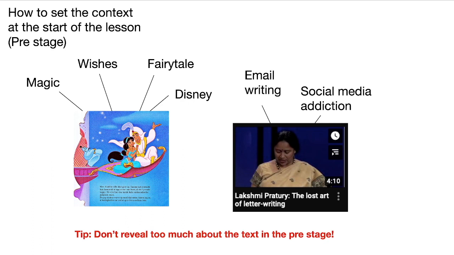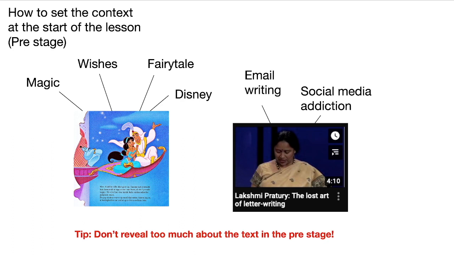The next one here is about the lost art of letter writing. This is actually a short TED Talk. And for this one, some contexts I chose are email writing. Okay, so writing emails, you could have discussion questions about writing emails. How often do you send emails and things like that before you go into the video.